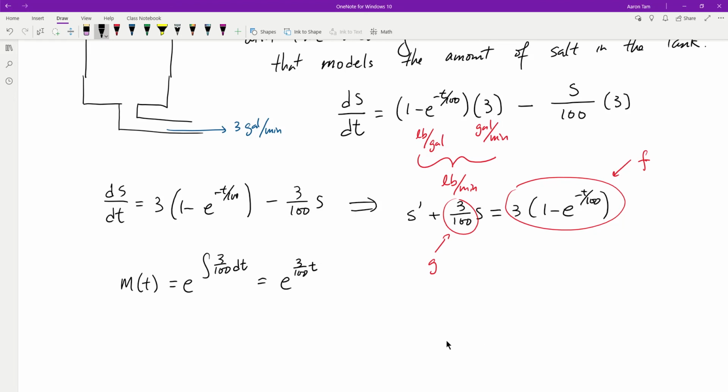So now my equation would be e to the 3 over 100 t s prime plus 3 over 100 e to the 3 over 100 t s equals, I guess I will multiply that to this thing over here too. So I'm going to write out what I'm going to multiply, and then I'm going to actually try to multiply it and see what happens.